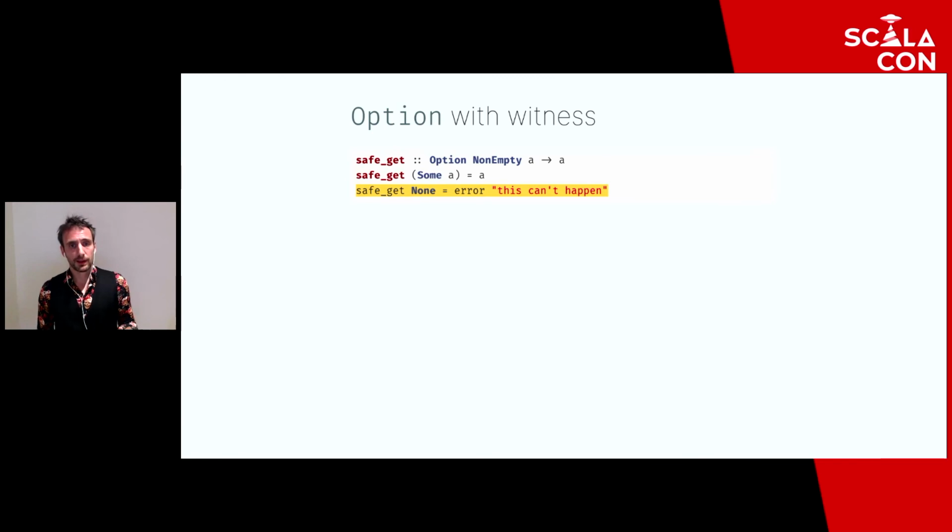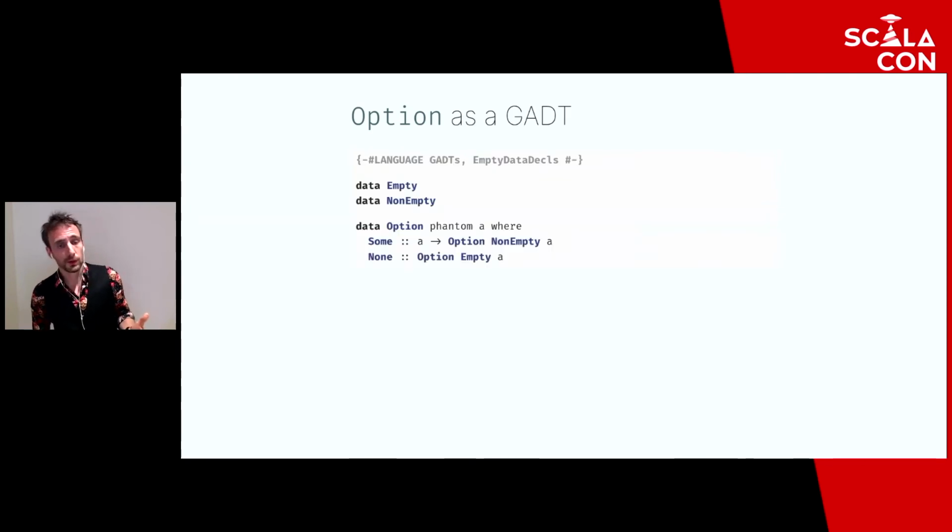And the reason for that is we haven't equipped the compiler with the tools it needed to reason about the types. We need some form of type equality, which in Haskell we do by making a data type a generalized algebraic data type. And Option looks the same as before, but now the data constructors already contain all the type information that we have.